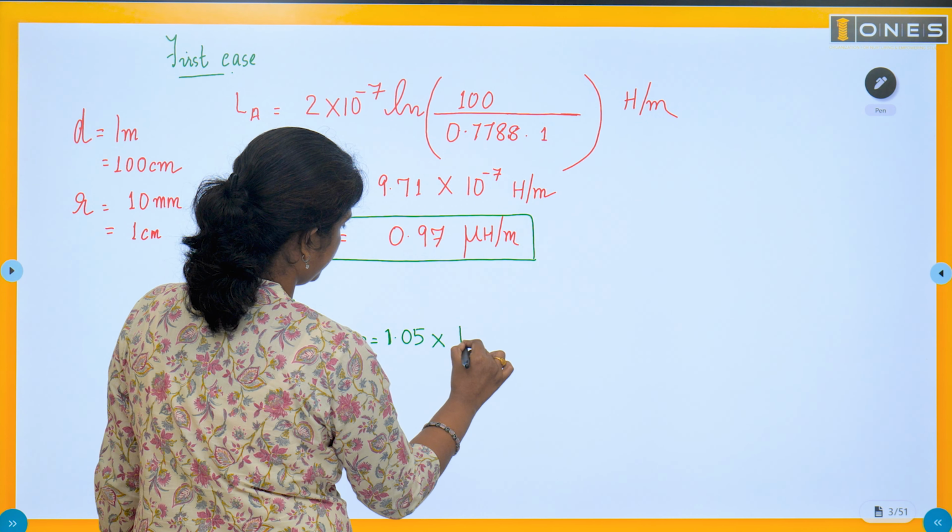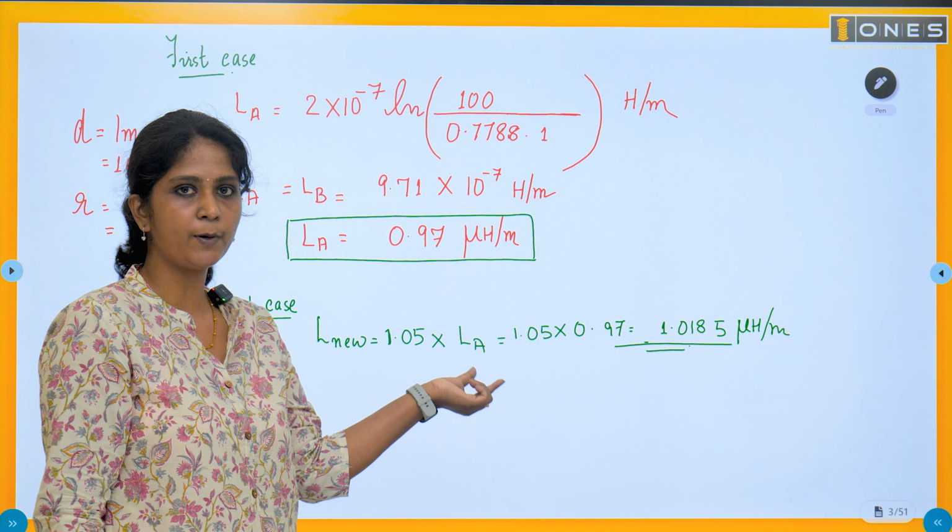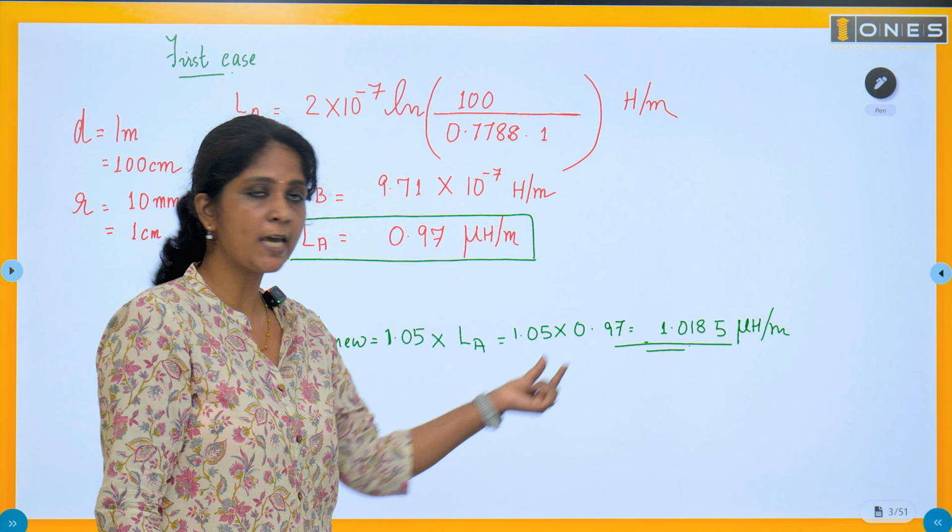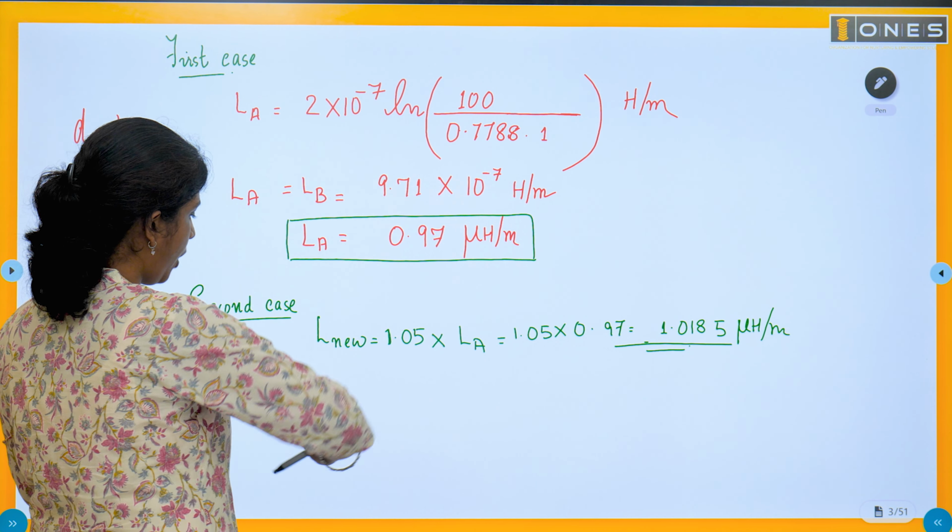Now how do we actually deduce the inductance per phase in a three-phase system? We have to equate this value to the inductance per phase of a three-phase system. You know the formula. Second case, again, L nu is obtained as 2 into 10 to the power minus 7 ln D equivalent. D equivalent means you have to take the cubic root of all the three distances.